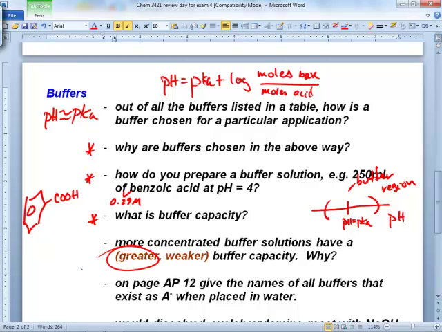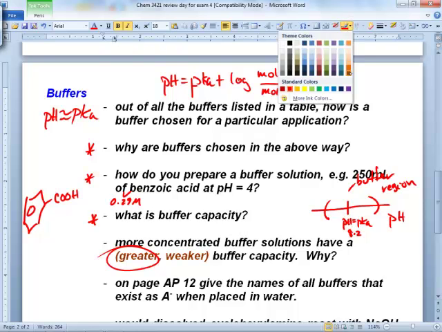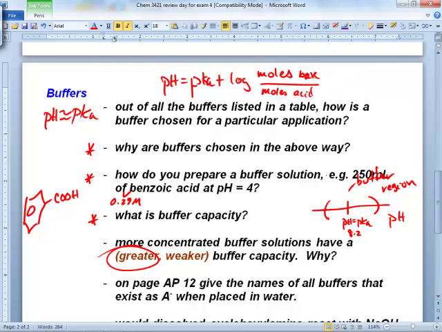Okay, now one thing that's not covered is, let's say the pKa was 8.2, whatever buffer that is. What in general is that pH?